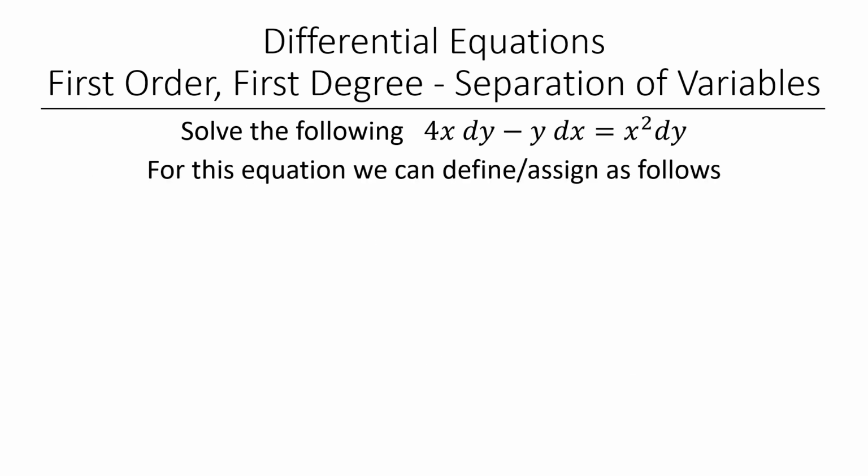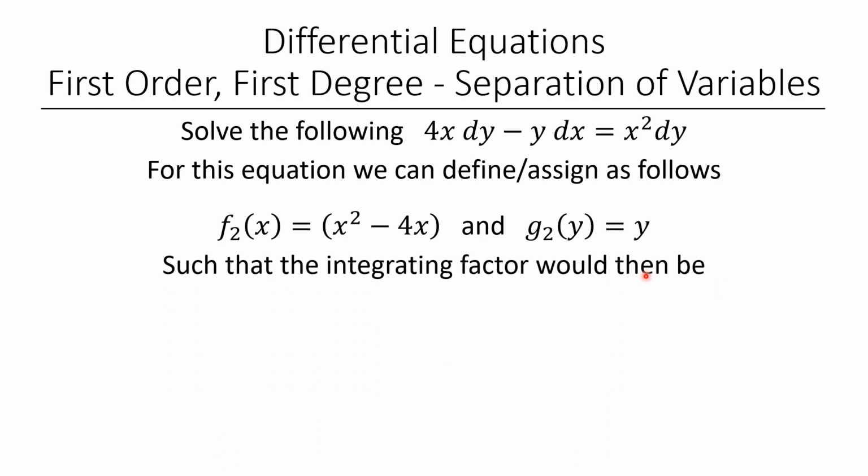So that being the case, we can now define our function in x and function in y that we will utilize to create the integrating factor. So in this case, our function of x was the x squared minus 4x, and our function of y was just y.